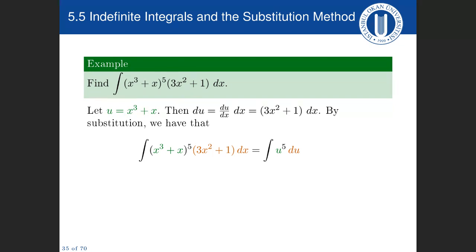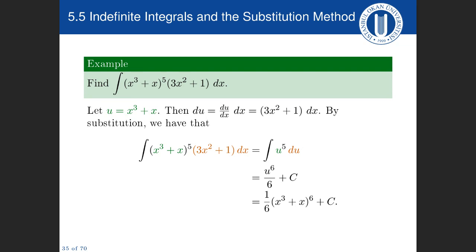We can change the integral we were given, the integral of x cubed plus x all to the power 5, 3x squared plus 1 dx, to the integral of u to the power 5 du. And then that's a lot easier. We've changed a difficult integral into an easy integral that we can calculate easily. U to the power 6 over 6 plus c. Don't forget the plus c.